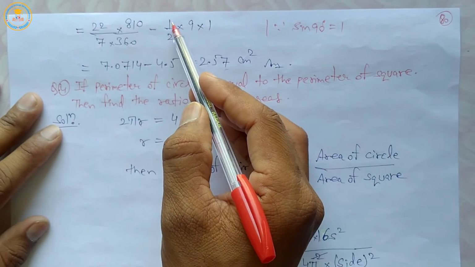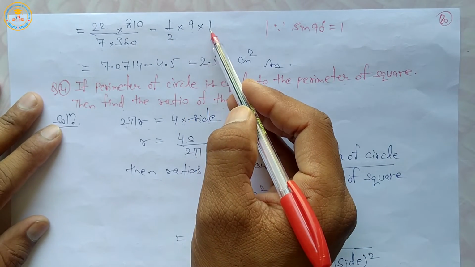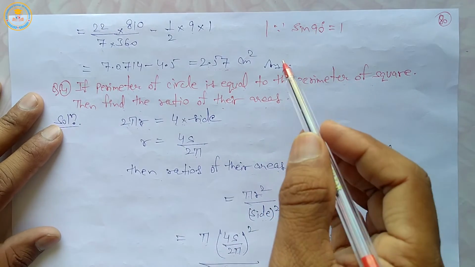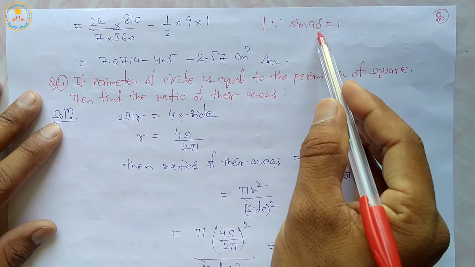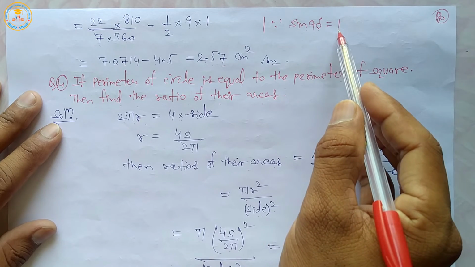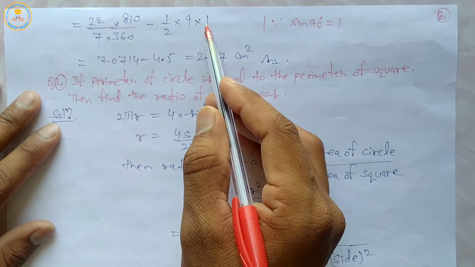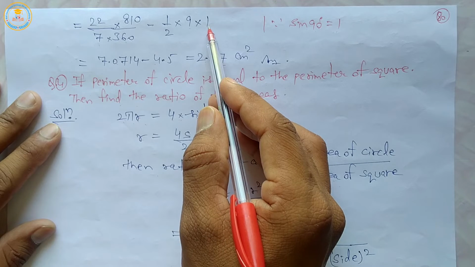Solve: minus half into 9 into 1, and according to trigonometric ratios, the value of sin 90 degrees equals 1.